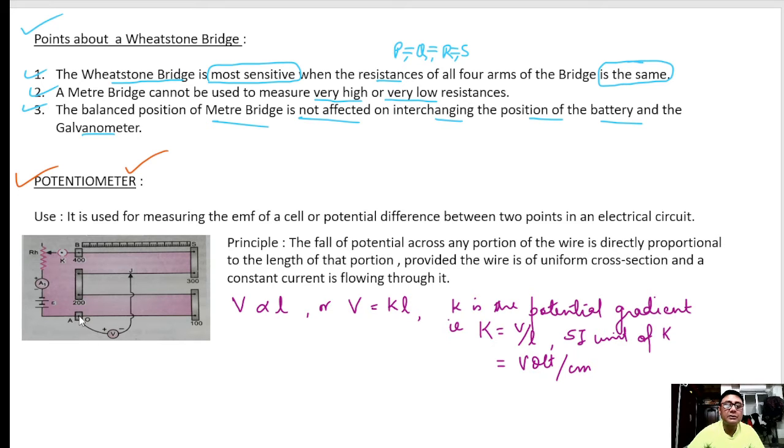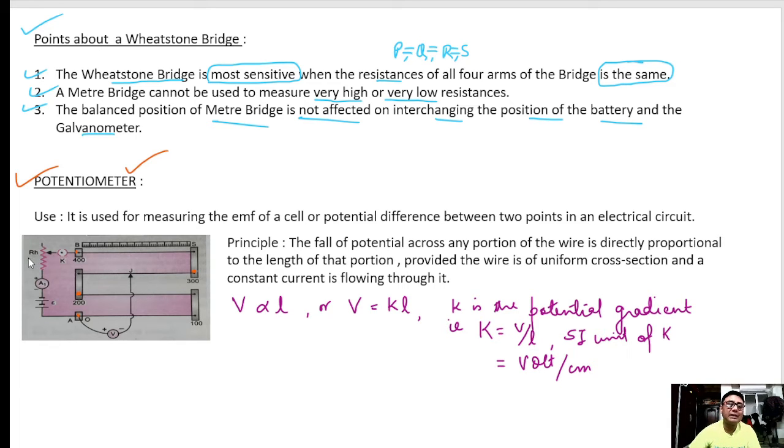It starts from here A, and this is the wire up to B, 100 centimeters, then it is 200, then 300, and then 400 centimeters. So this is the total length of the wire, which is used as 400 centimeters.